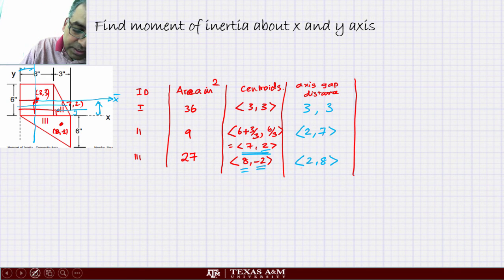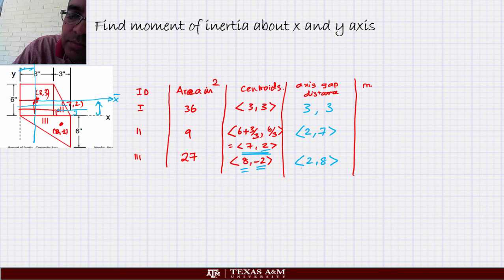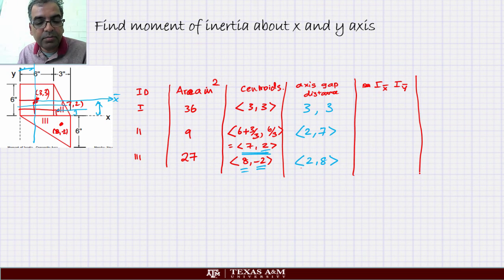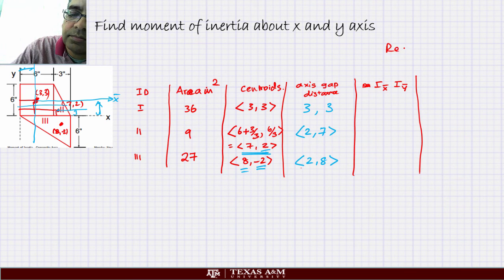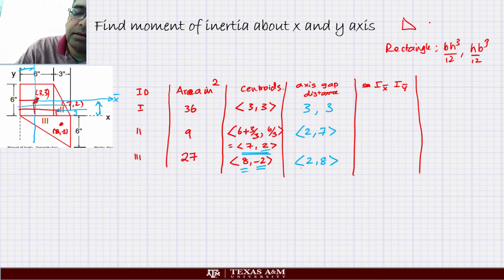Okay. Now that we have done that, the next step is computing the moments of inertia, Ix bar and Iy bar. For the rectangle, it is base times height cubed over 12 and height times base cubed over 12. For the triangle, a right triangle, it's base times h cubed over 36 and height times base cubed over 36.